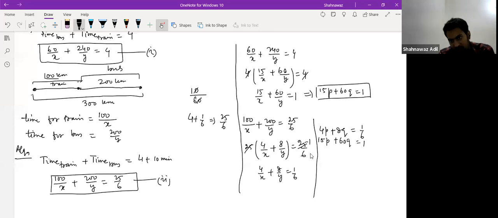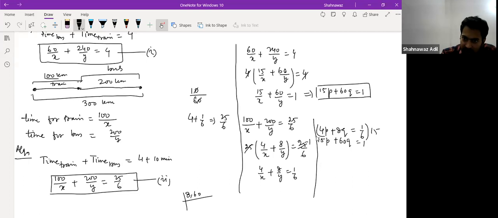So what should we multiply? Both are big numbers. The LCM of 60 and 15... multiply the first by 4 and the second by 15.